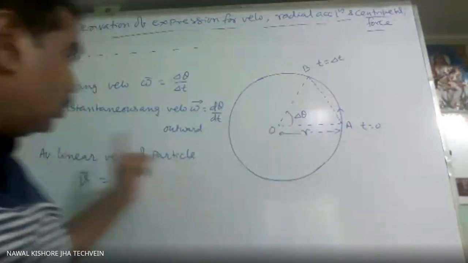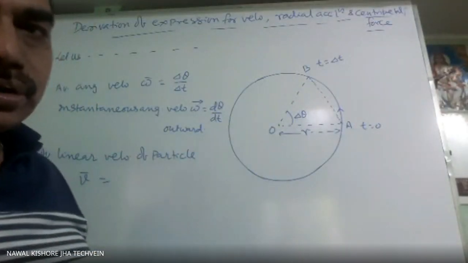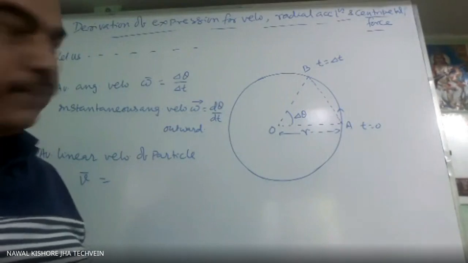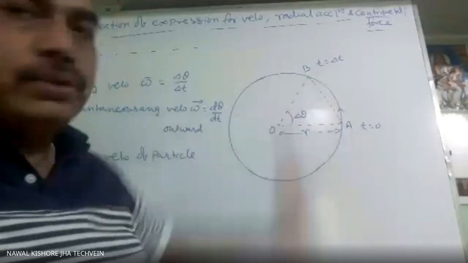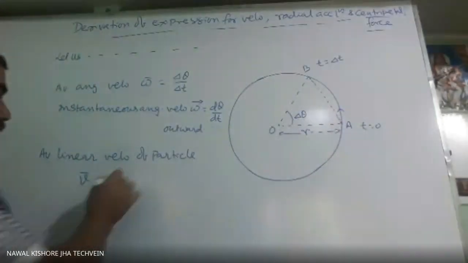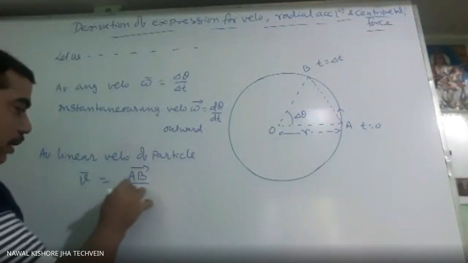As we are interested in velocity, which means the rate of change of displacement, and displacement is the shortest distance between initial and final position, this will be vector AB over delta t.